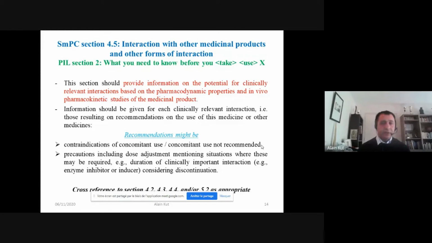The precautions, including dose adjustment, mention situations where these may be required, such as duration of clinically important interaction and considering the discontinuation. And such information could also be referenced in section 4.2, 4.3, 4.4, and even 5.2 as appropriate when necessary.